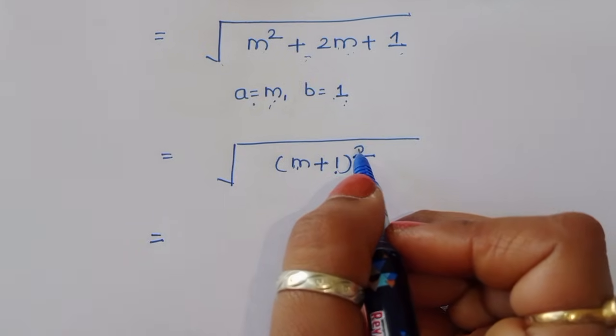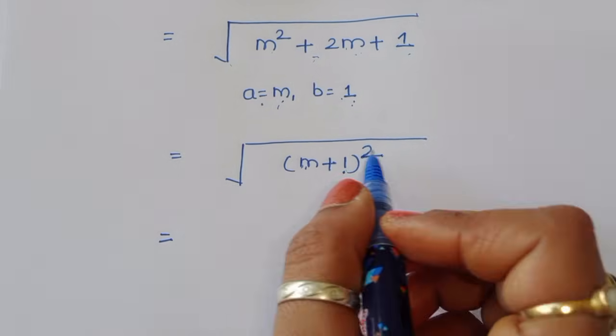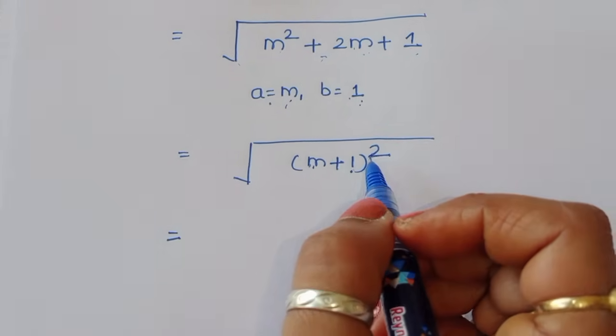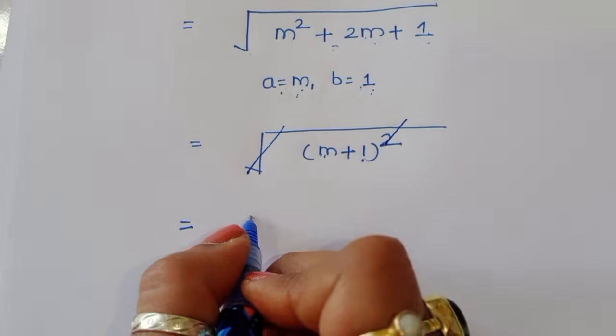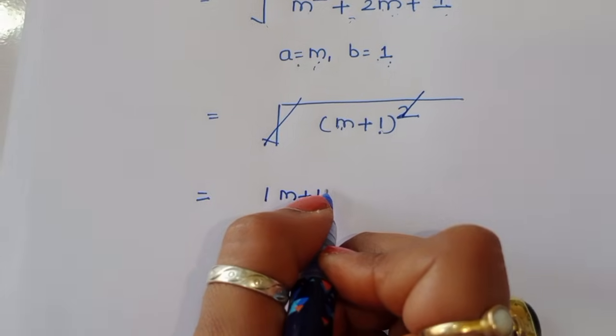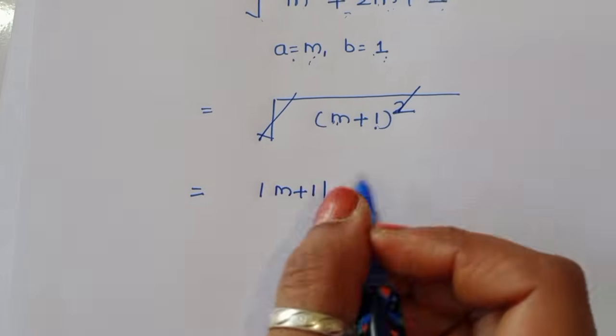Now we can cancel the square with the square root, so we get the mod of m plus 1, right?